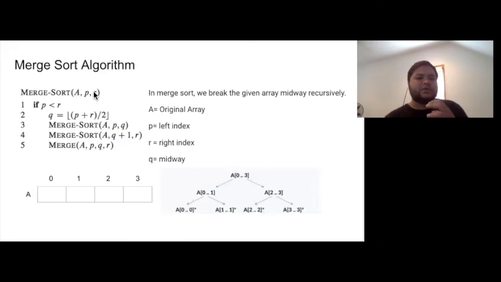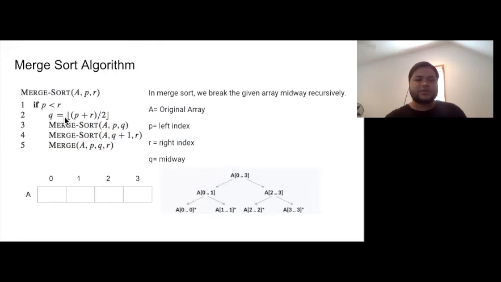And then we check if the left index is less than the right index. If the left index is less than the right index, then we calculate the midway, which is left plus right divided by 2. So we are dividing the original problem into 2 subproblems at the midway, which is Q.